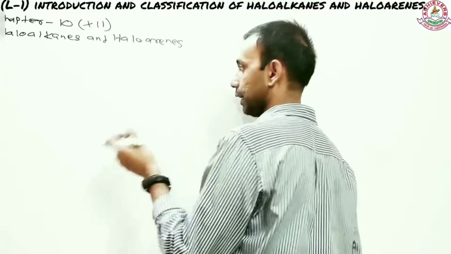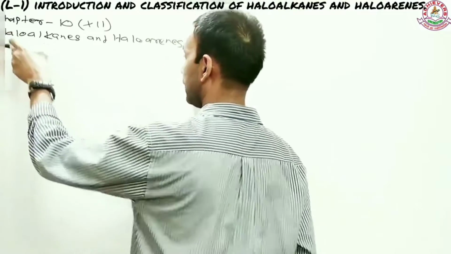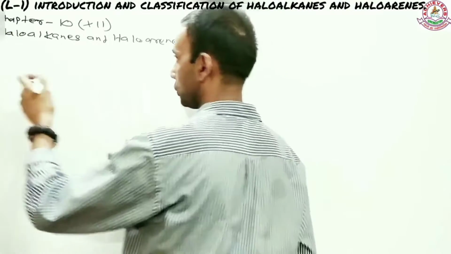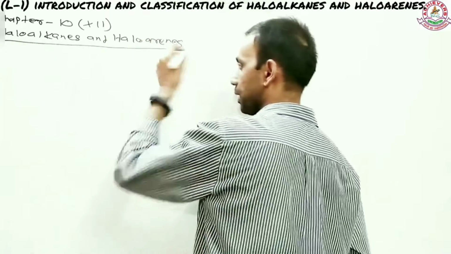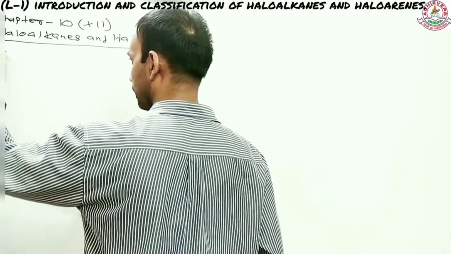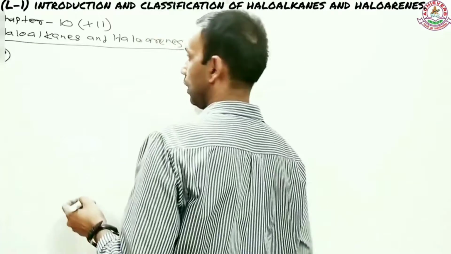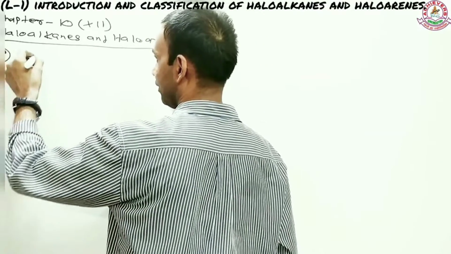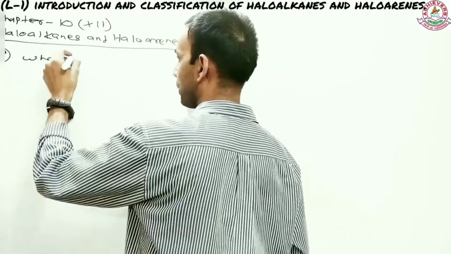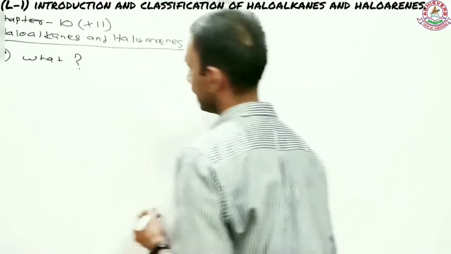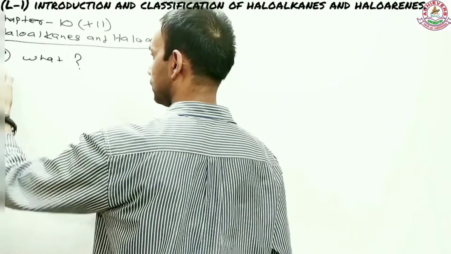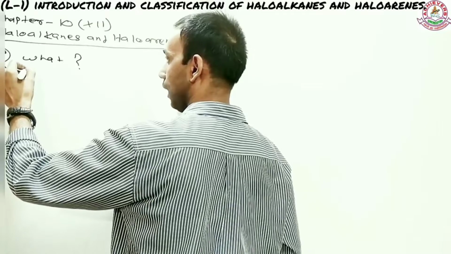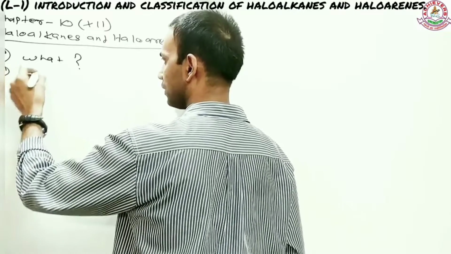We need to start right from the beginning, at what haloalkanes and haloarenes are. So today's video, you need to understand that this is the first segment of the haloalkanes, where I would be discussing what that means, what are haloalkanes and haloarenes. The second thing I will be discussing is the classification, I should say.